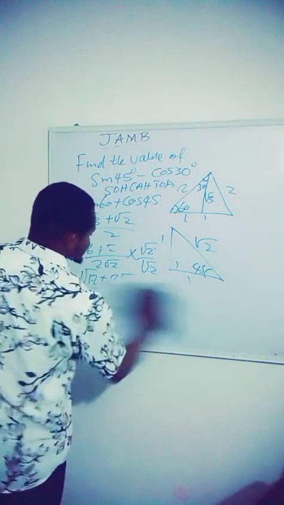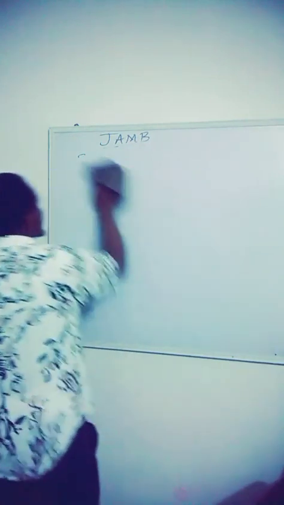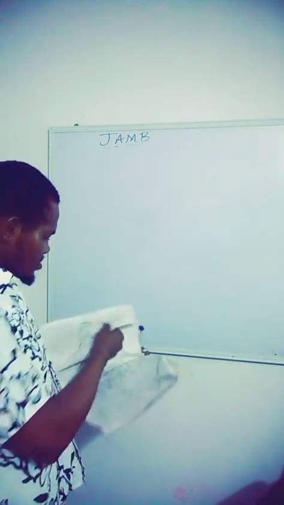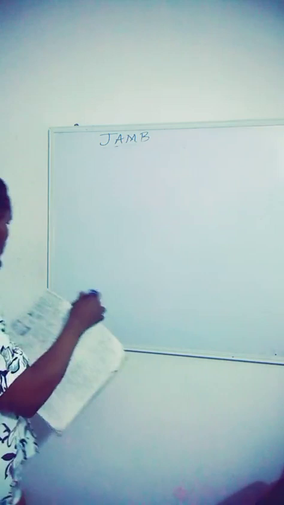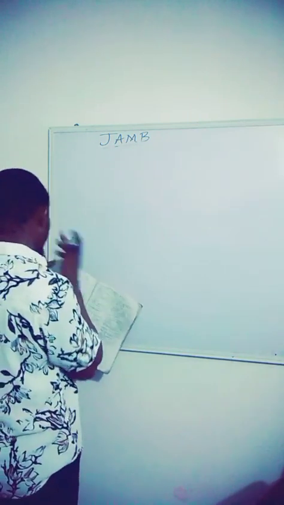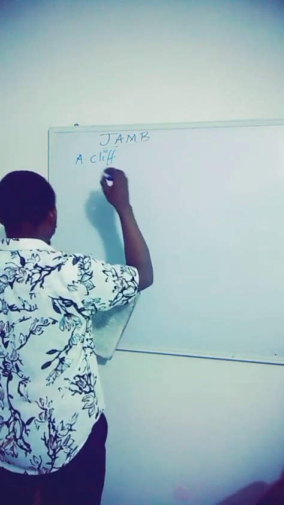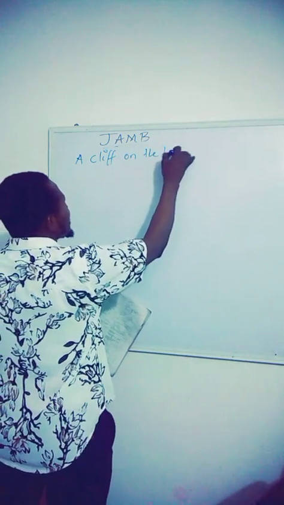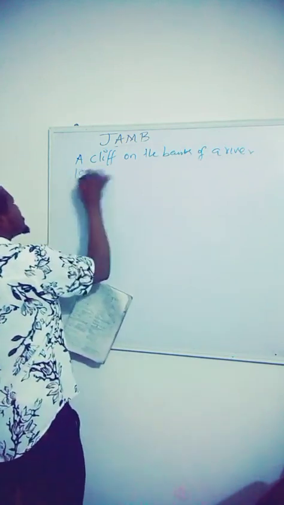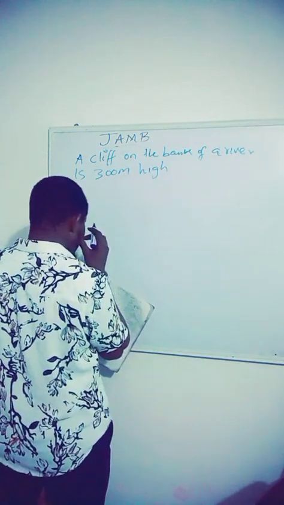So let's continue. The next question: a cliff on the bank of a river is 300 meter high.